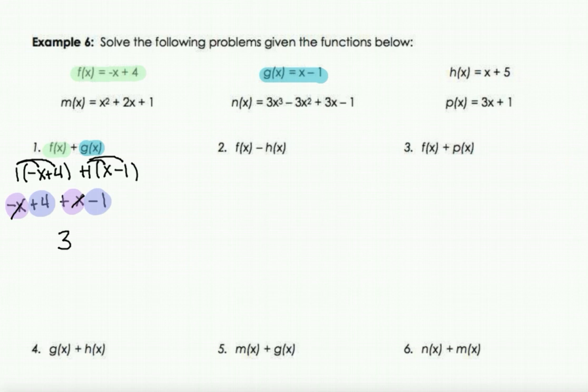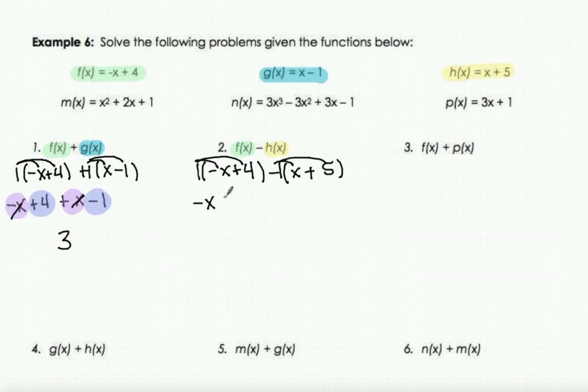In number 2, you're doing f of x minus h of x. So I would start with my f of x, which we know is negative x plus 4, minus h of x, which is x plus 5. I'd put my ones out front and distribute so I can get rid of those parentheses.